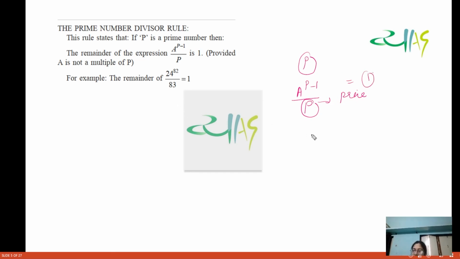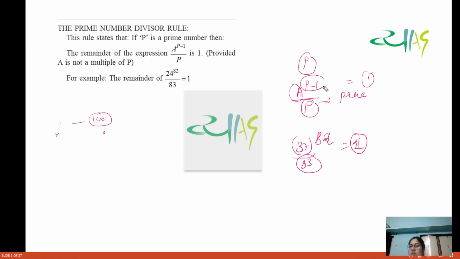Take any number, like here 37, and here it is 83, because 83 is a prime number. So try to remember prime numbers between 1 to 100. So 37 to the power 82, that is p minus 1, divided by 83, will be equal to 1.